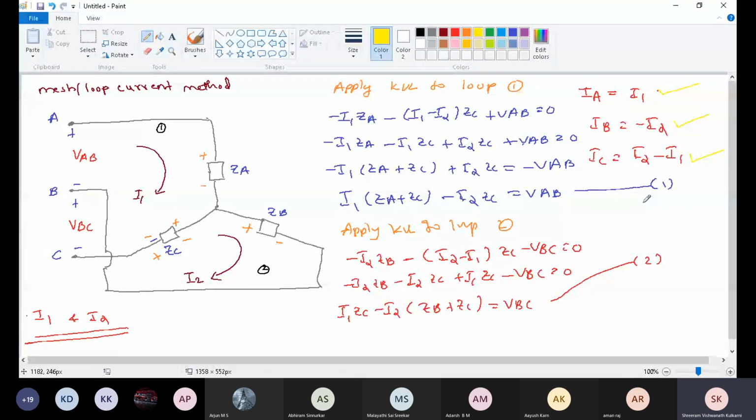We need to calculate the voltages from A to this neutral point n: VAn, VBn, VCn.